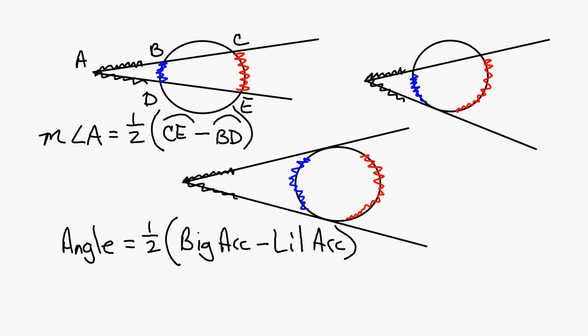So a couple of examples. Start off with two tangents. Two tangents here. Let's go ABC.